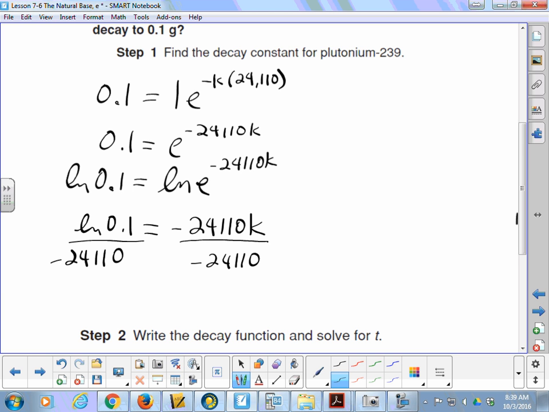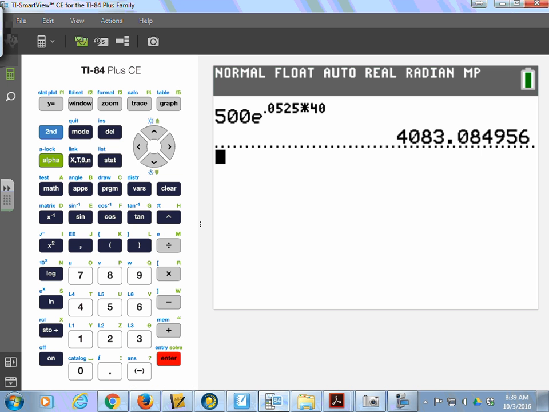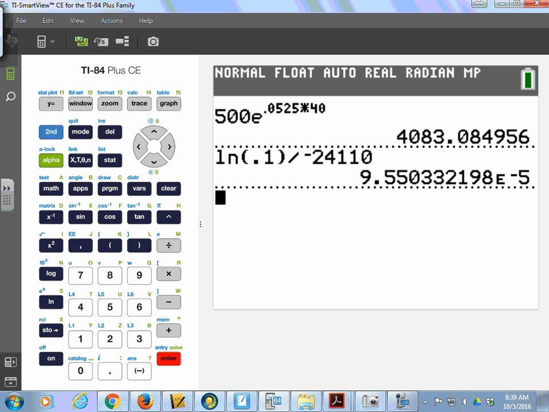So K is approximately, I'll take my calculator, natural log of 0.1, close the parenthesis, divide by negative 24,110. Right, we get that number there.